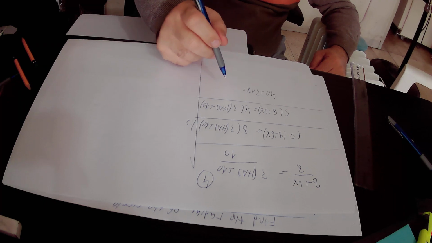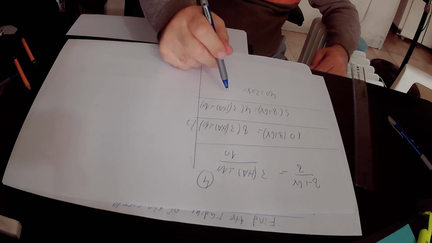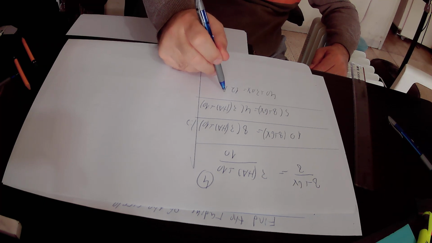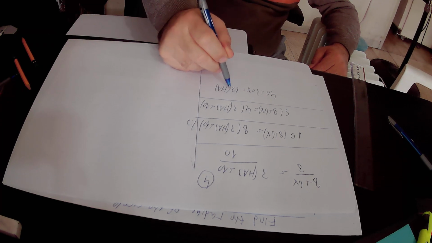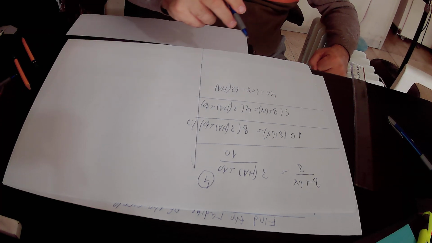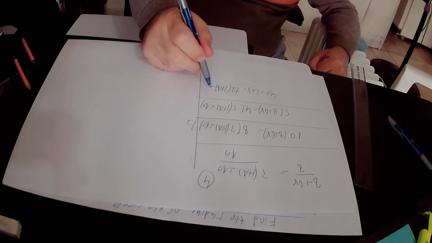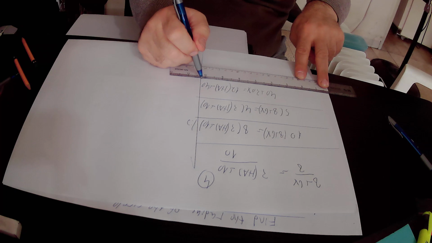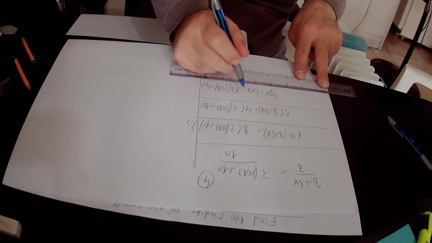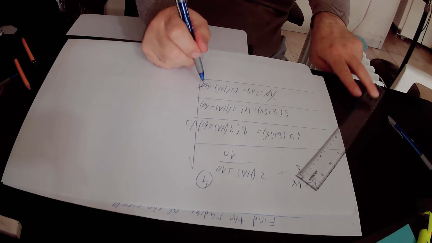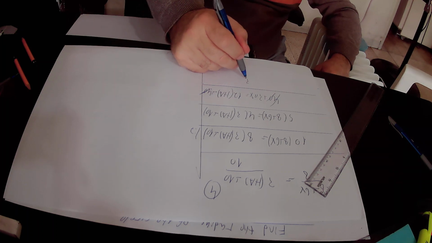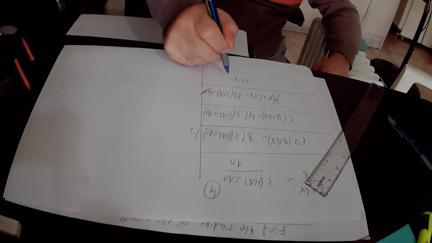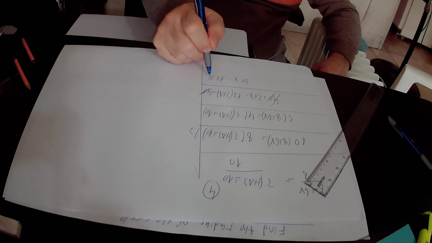This equals 4 times 3HA is 12HA and 4 times 10 is 40. So here we have 40 on both sides of the equation, so 40 will get cancelled and we're left only with 30x equals 12HA.